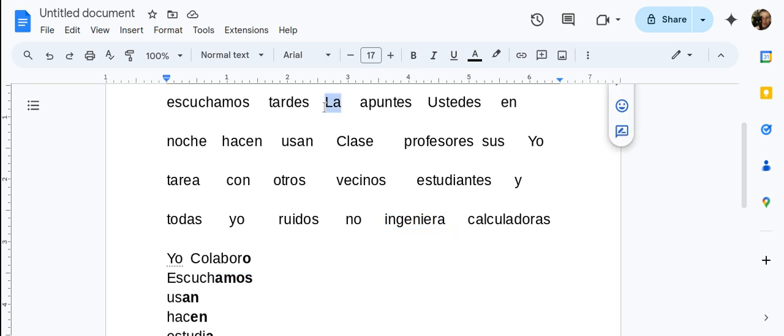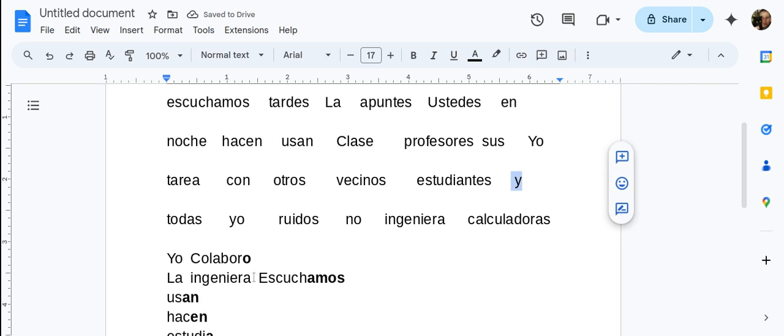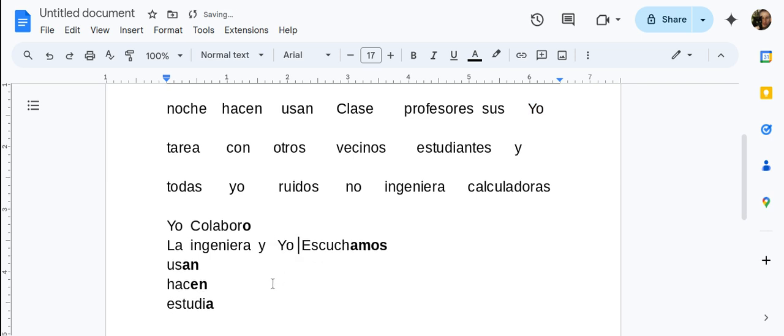So I can say the engineer and I. So that is we. I could not find the word for we, but I am using the engineer and I.